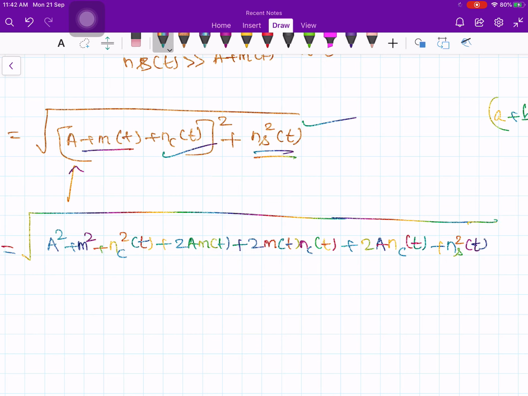So what are the terms which are significant here? We said this a is smaller, right? What is our assumption? A plus m of t is much less than nc of t, much less than ns of t. Therefore I can disregard this a term, m square I can avoid, and that's all. So the remaining terms will exist.